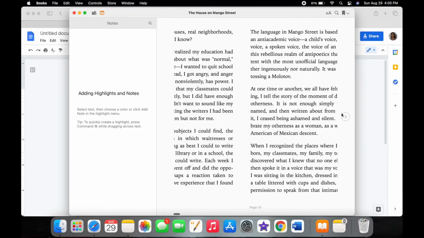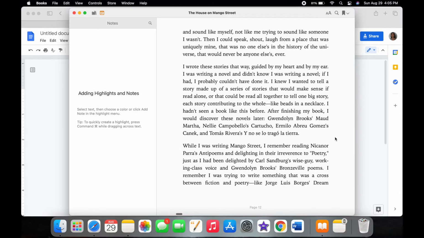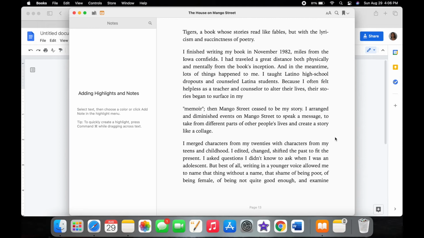So really hard conversations might be had in this book that have to do with being a working class person and a person of, here we go, American of Mexican descent. So that might be what that story is about. Especially when we're talking about otherness, we have to focus on the idea that this person experienced a lot of different things that made them feel like an other in a society. Okay?